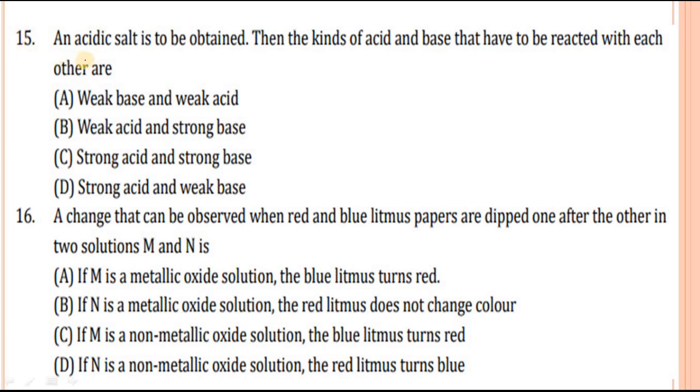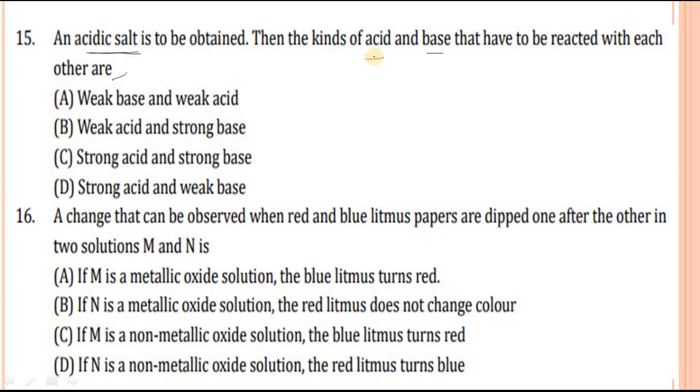Question number 15. If an acidic salt is to be obtained, then the kinds of acid and base that have to be reacted with each other are. See here, acidic salt is obtained in a neutralization reaction, meaning a mixture of acid and base. Definitely there will be a salt and water, but in the question they have given the acidic salt.